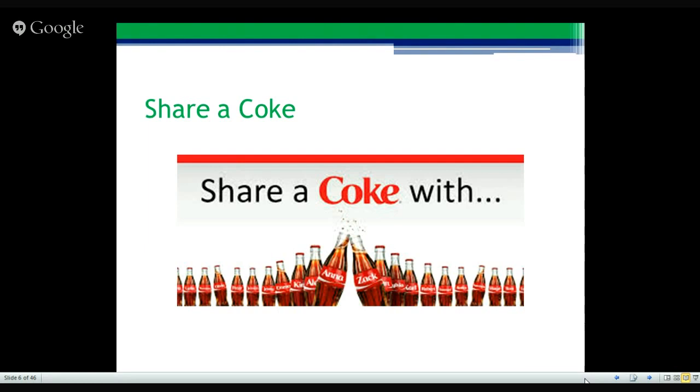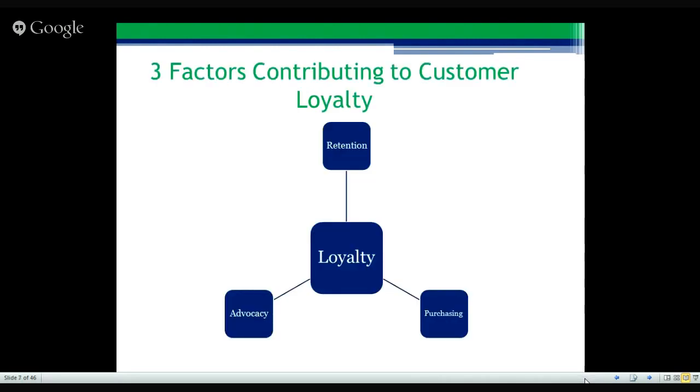So customer loyalty doesn't just end at repeat customers, but it also adds into the advocacy of the brand. Goes to my next slide. So again, customer loyalty really has three factors associated with it. You have the retention, so you have the repeat customer; you have purchasing, the customer comes back to you and constantly purchases and really has a great experience with your purchase; and then they advocate for your brand, and that's what's really important.